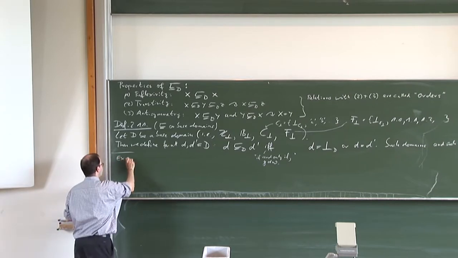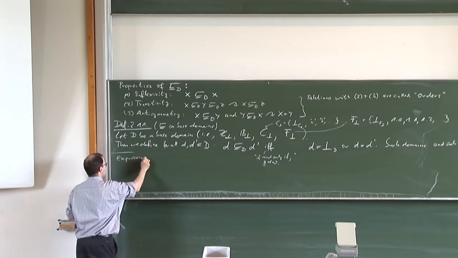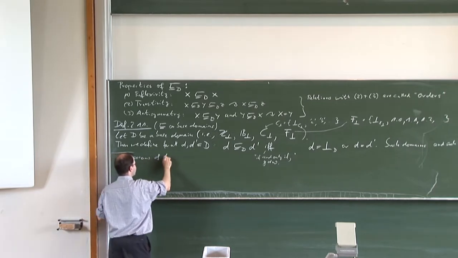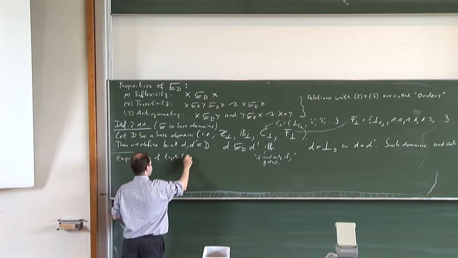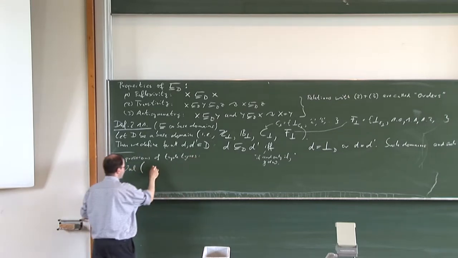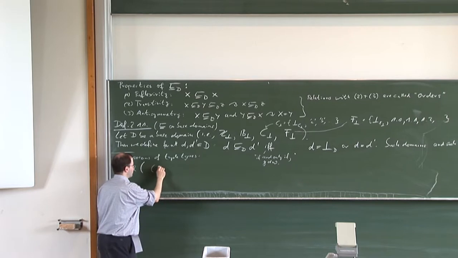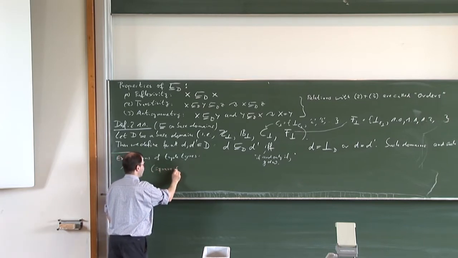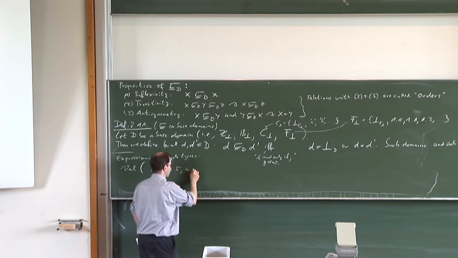How do we handle expressions of tuple types? So what should be the value, say, of the following expression? The tuple consisting of the number square 5 and nonterm 0.